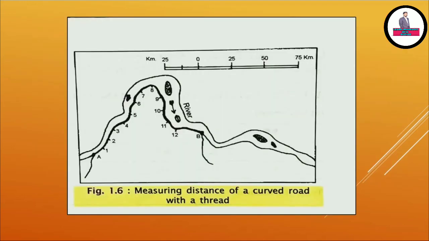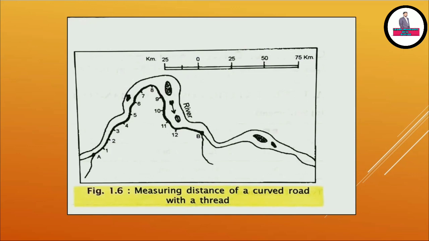You could see here measuring distance of a curved line. This is road, this is not road, this is river, with a thread given wrong, so remember that is not road. So this is a river over there. So there is a starting point here, it is marked with a pen, and this ending point is marked with pen.